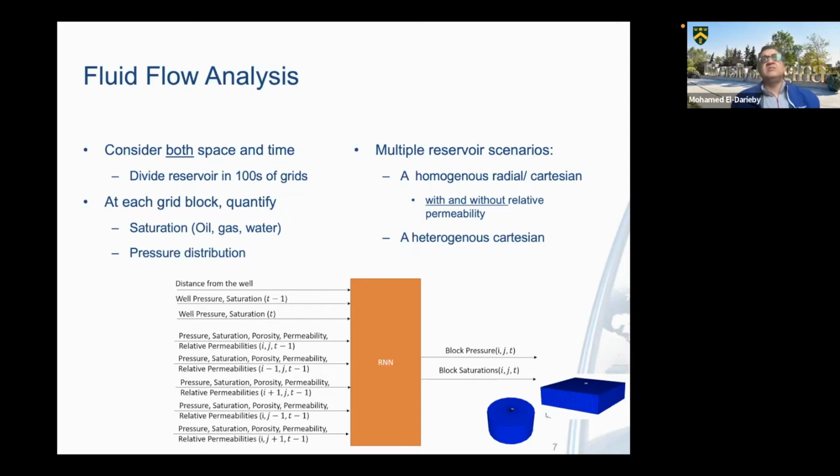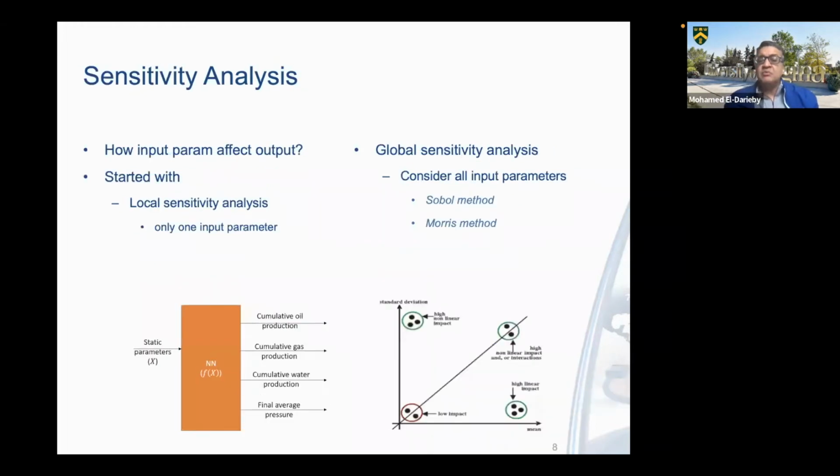So we take the input from the previous time units, as well as from the adjacent grid blocks, to calculate the pressure and saturation for the block at the next time unit. We were able to achieve this, we liked the results very much, and it really helped us with a number of other things.